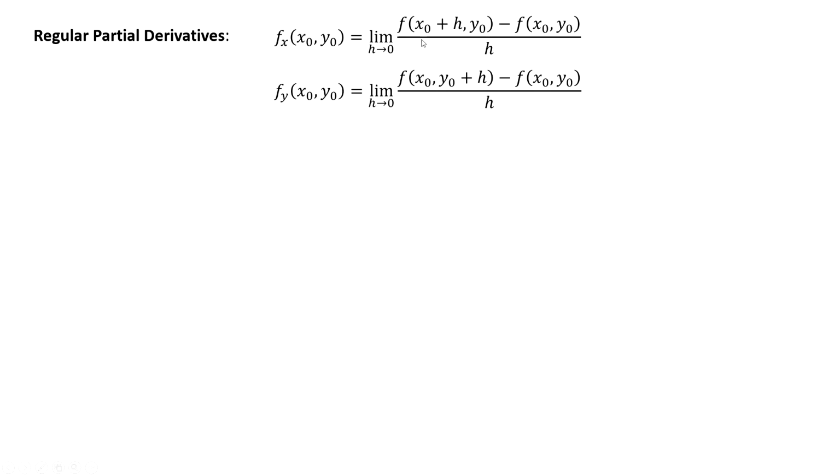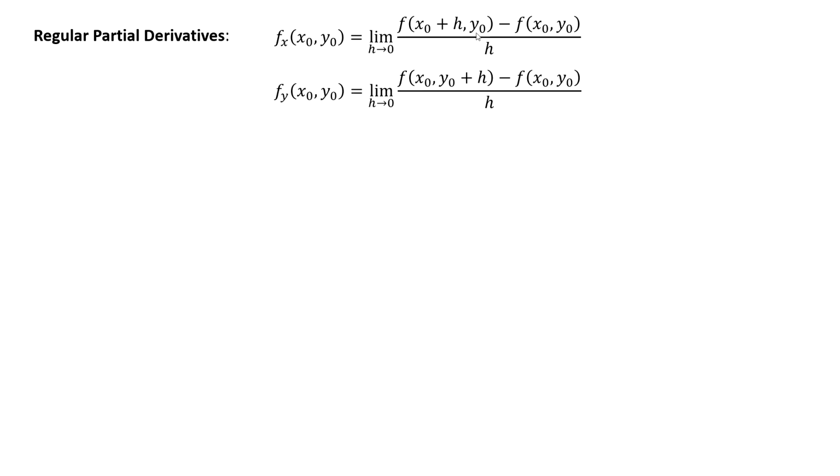That means, given a function f of x, y, at a particular point x sub 0, y sub 0, it would have a certain z value, right? F of x sub 0, y sub 0. So if we move a little delta x, h is the same as delta x, from that point, you are at a different point now, whose coordinates are x sub 0 plus h and y sub 0.